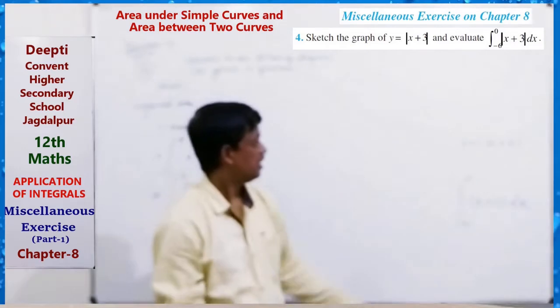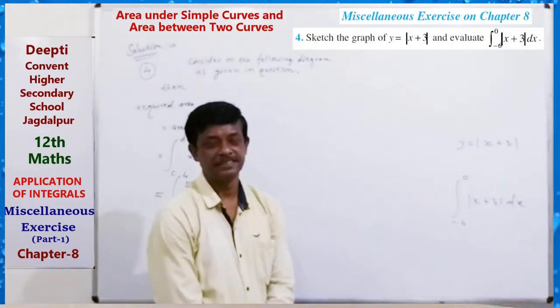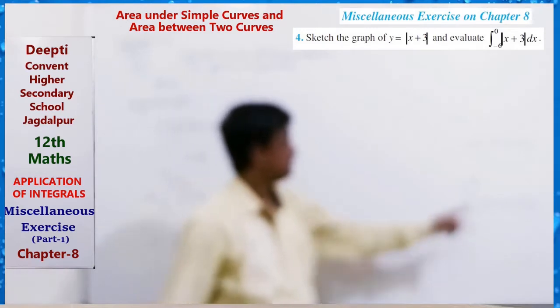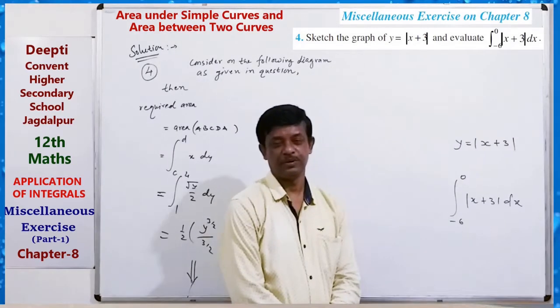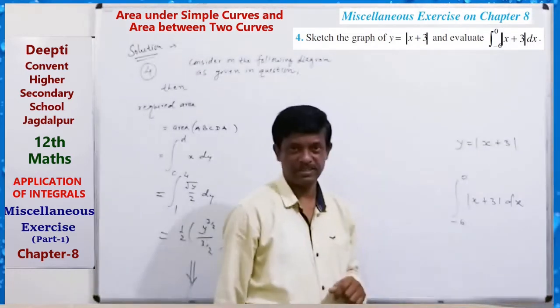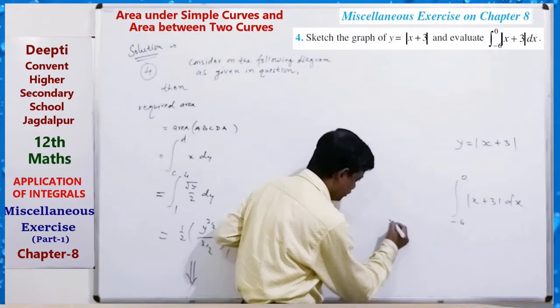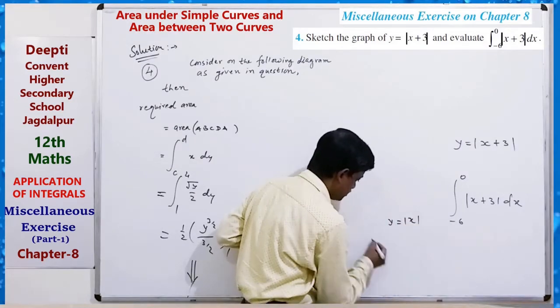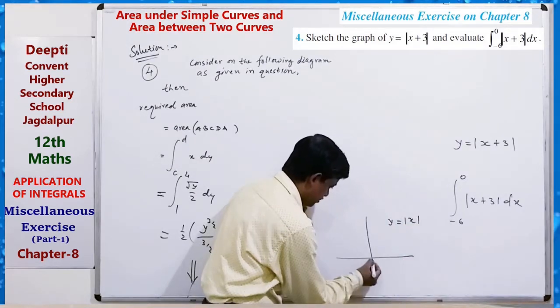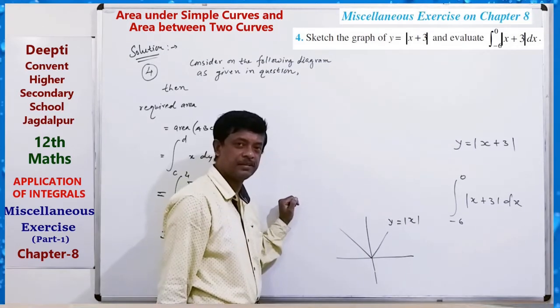Okay. How can we draw the graph of this? Sketching the graph. We know the graph of the modulus function. If we say the graph of the modulus function y equals mod x, the graph of this function is what? V shape, like this. Clear?